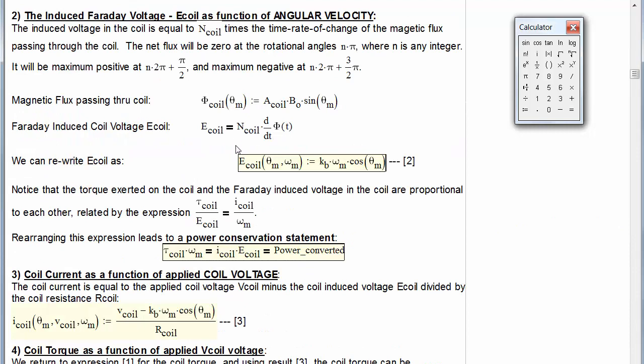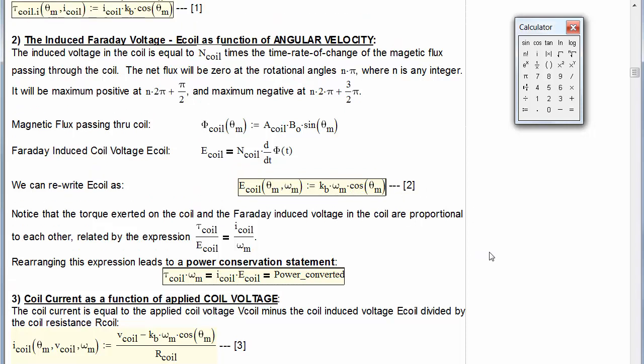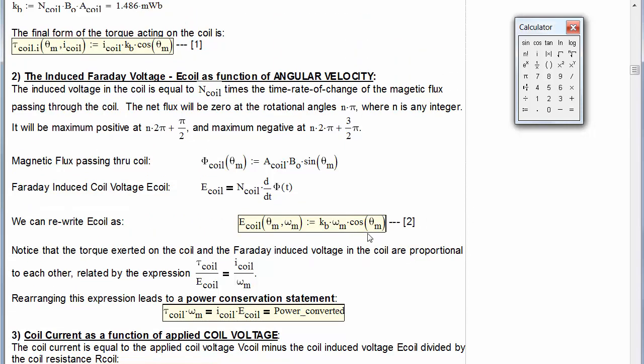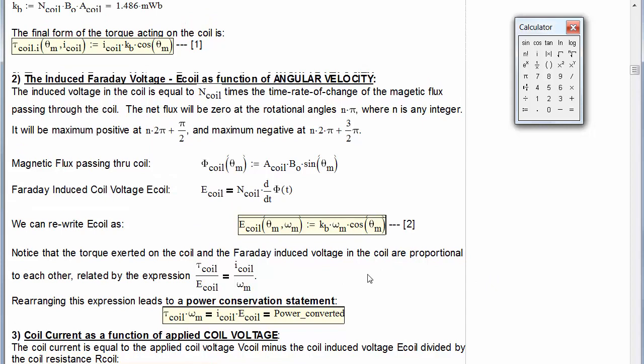So based on Faraday's law, we can come up with the induced coil voltage, which turns out to be the motor constant times the angular frequency times cosine theta m. And we note that just like we had a cosine theta m in the torque, we have a cosine theta m in the coil voltage as well.